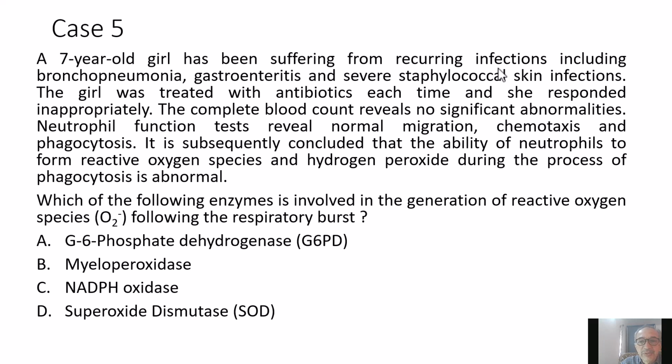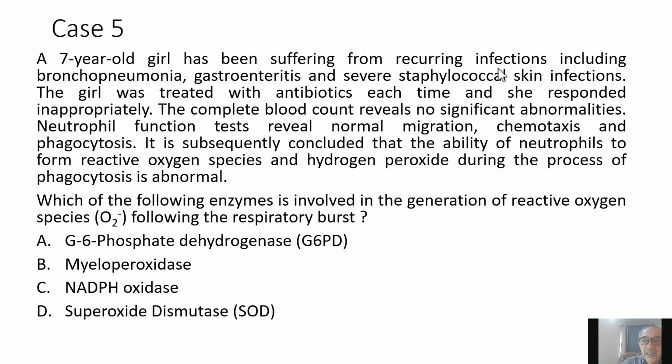If phagocytosis is abnormal and microbial elimination is affected, the person is liable to infection. So you should know the stages or steps of phagocytosis, how the microbes are ingested and destroyed.